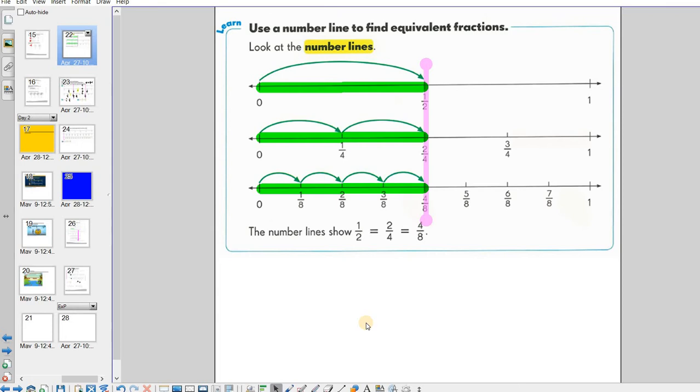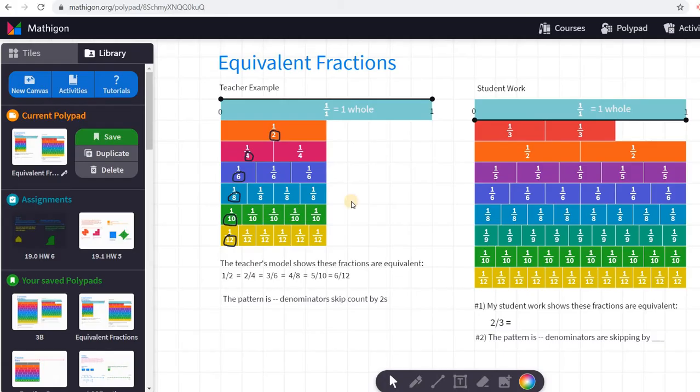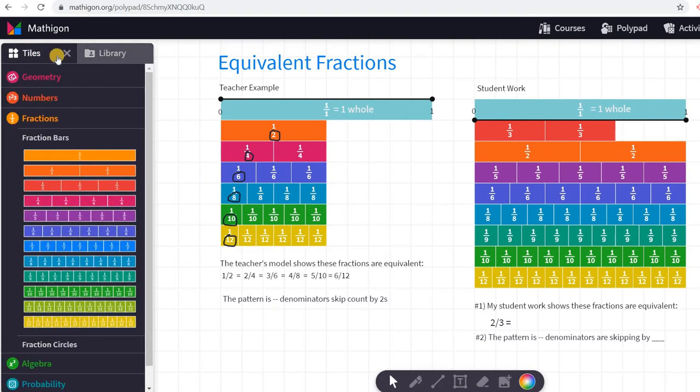Let's get to work doing equivalent fractions with fraction strips on Mathigon. So here is an example of your work. I'm going to post the teacher example for you to see, and the student work is here on the left. Now you'll notice that I did 1/2, but your work is going to be with 2/3.